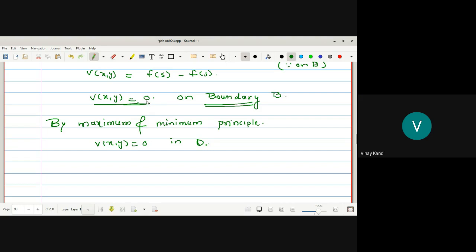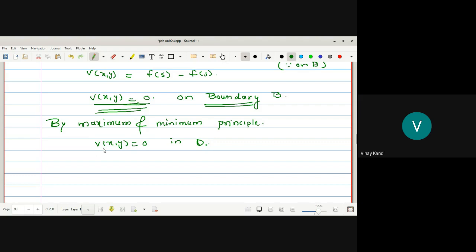So v of xy is equal to 0. This is the maximum value on the boundary B. It implies that the function v of xy must be 0 inside D, that is, at every point inside the domain D the function must be 0, which happens when v itself is 0.